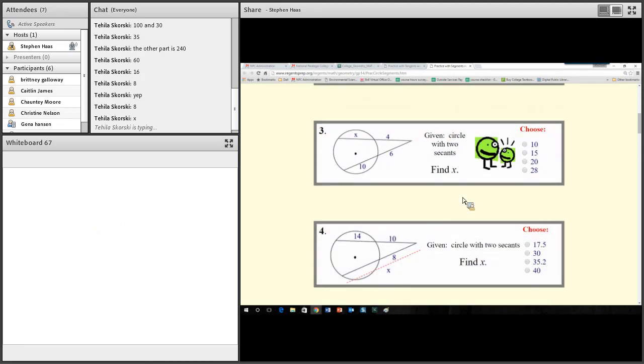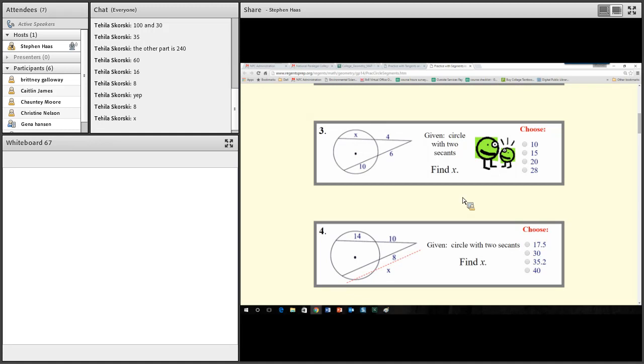Okay. Now, how about this one? I want you to help me with this one here. How are we going to do this one? We've got two secants. What's the rule with two secants? The rule with two secants is that the outer length multiplied by the entire secant equals the outer length multiplied by the entire secant of the other one.